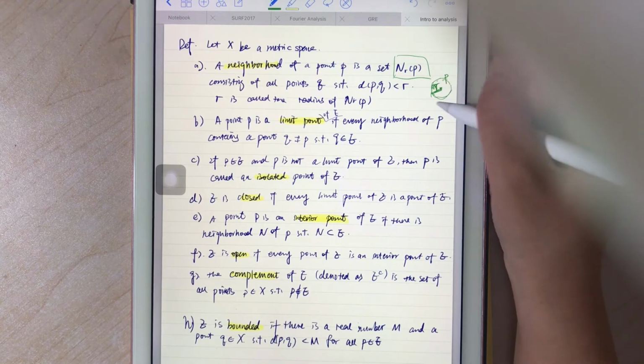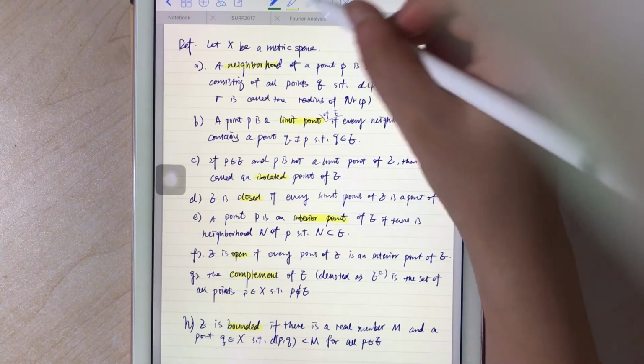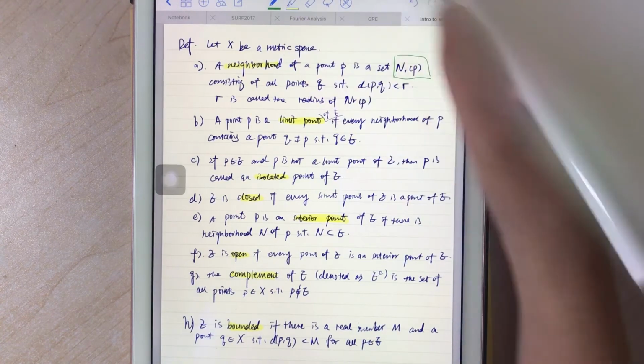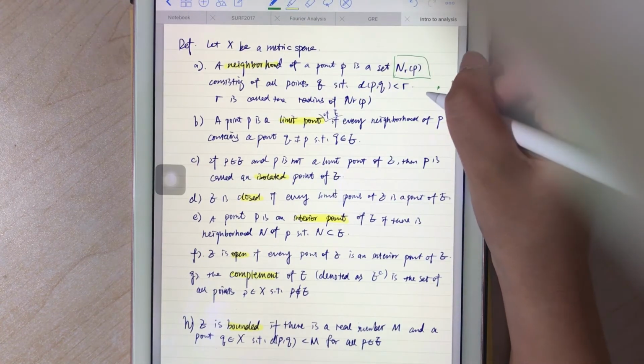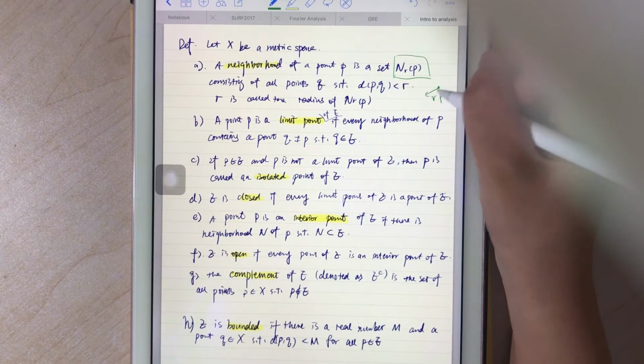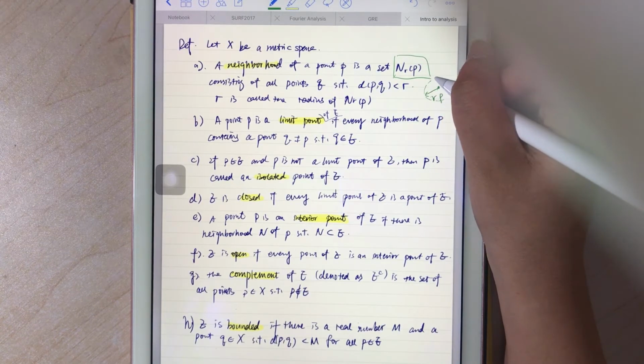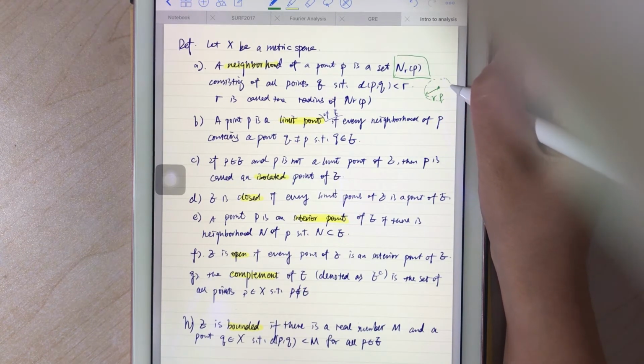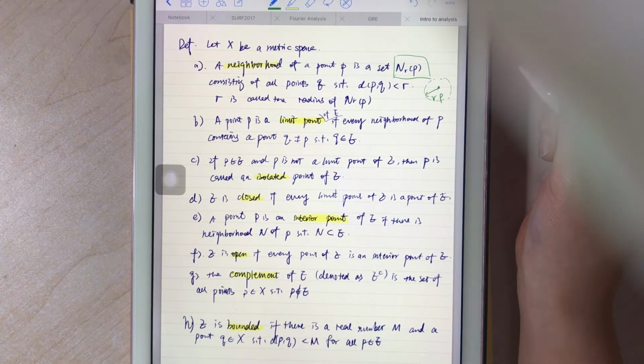So it's simply the circle, right? Here's P and here's r. But since the distance has to be smaller than r, we don't take the boundary of the circle. So it's something like an open disk because we don't take the boundary. But we will define open in the following definitions.